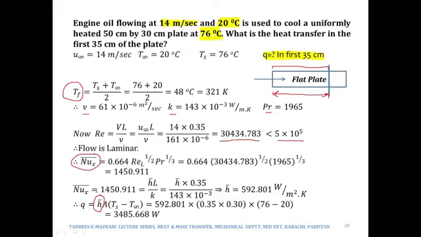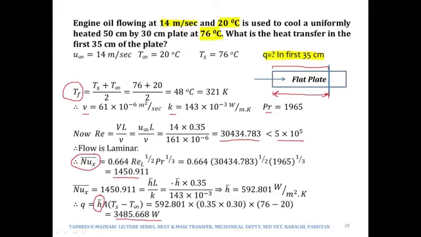So Nusselt number would be calculated as 1450.9, and upon equating it to hL over k, where h would be h bar, because Nusselt number was averaged, we get h bar as 592.8 watts per meter square Kelvin, which upon putting in this expression of hA delta T will give us the value of Q as 3485 watts. So many watts or joules per second would be transferred from the first 35 centimeters of the plate.